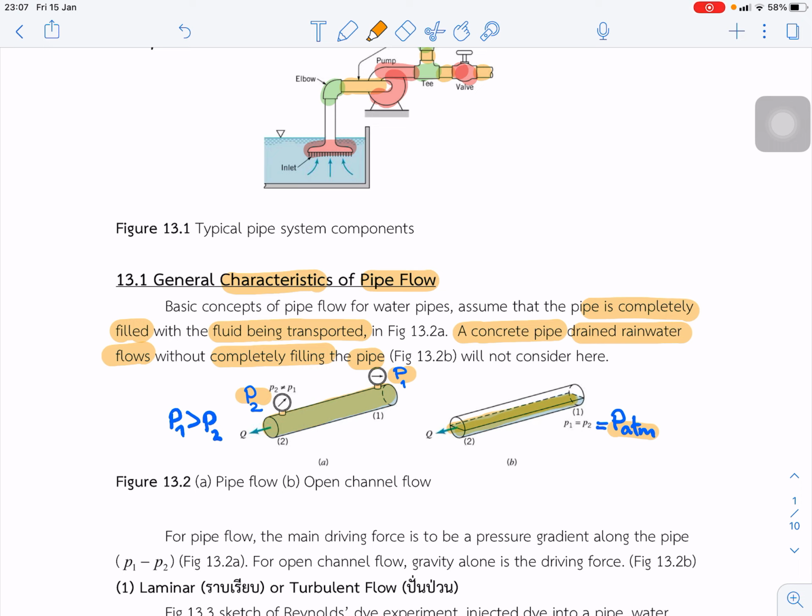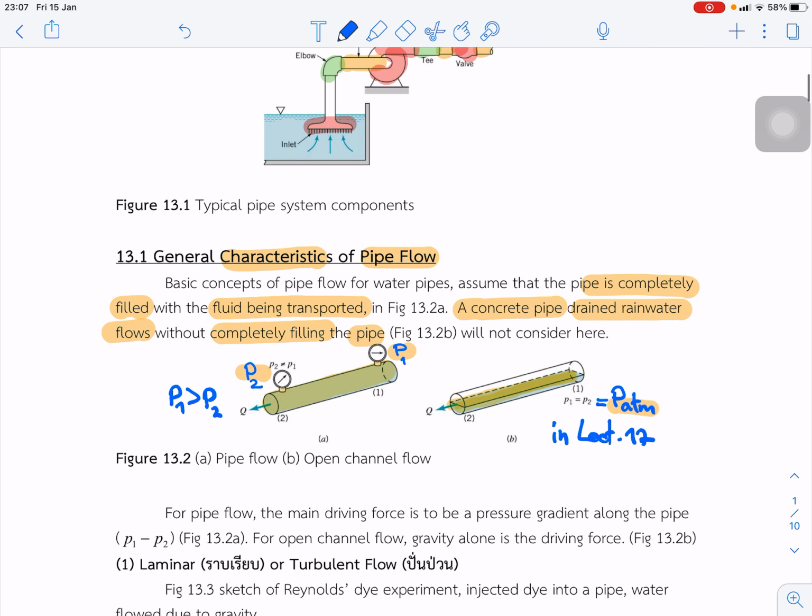In this case, we can learn from Lecture 17 about the gravity flow, or pipes not completely filled.